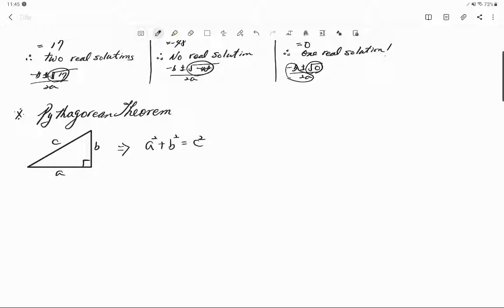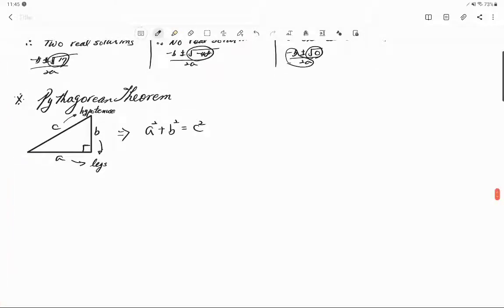We call these legs, and this is called the hypotenuse. So using this formula, we can find the side length of one of these three sides.